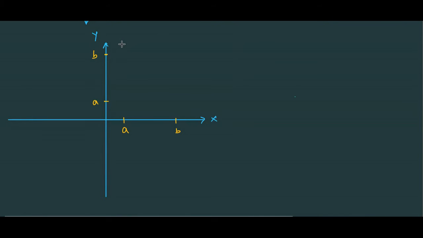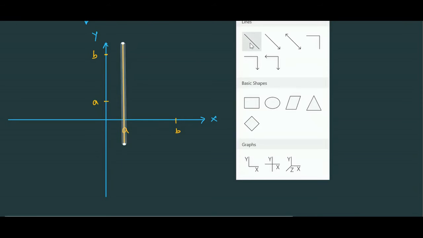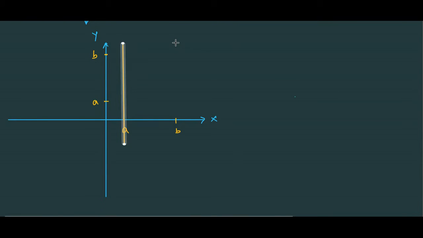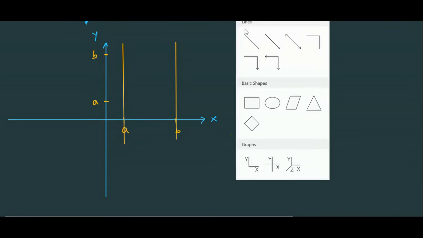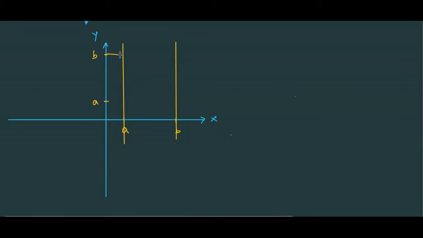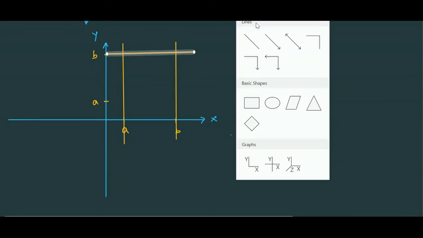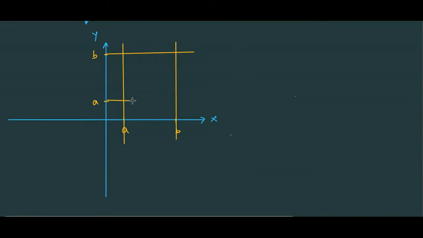So the graph of the function will exist within this box, within this region bounded by these 4 lines.